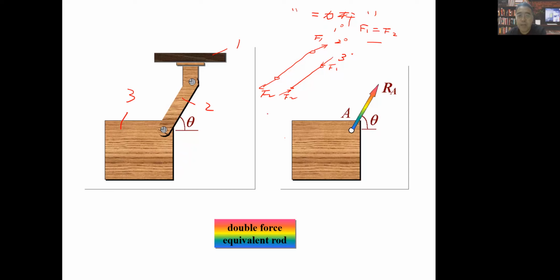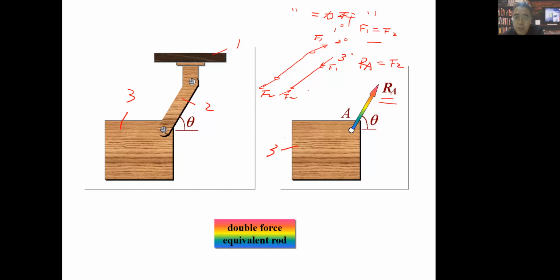So from the action and reaction force point of view, when we select body third as the object to be analyzed, we can see there is a reaction force Ra. Actually, this one is applied from this rod to this body 3, you know? So it means this Ra magnitude will equal F, equal this one.